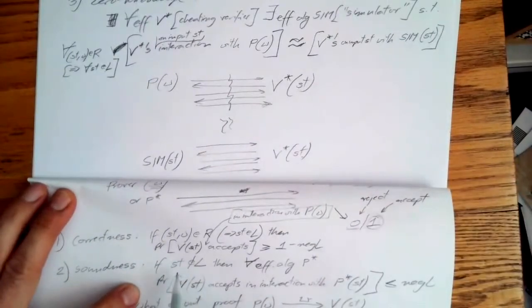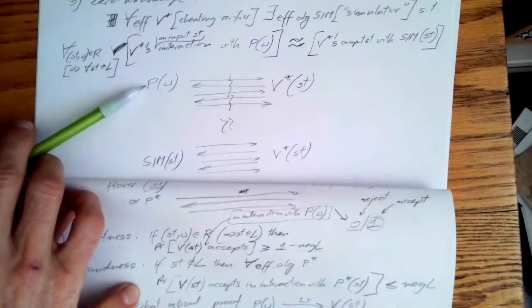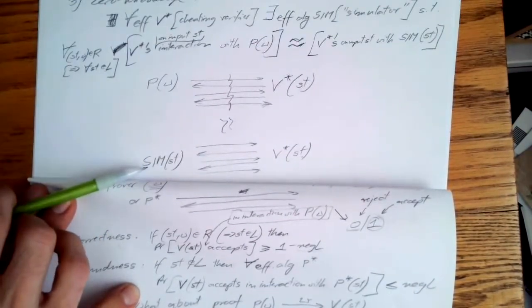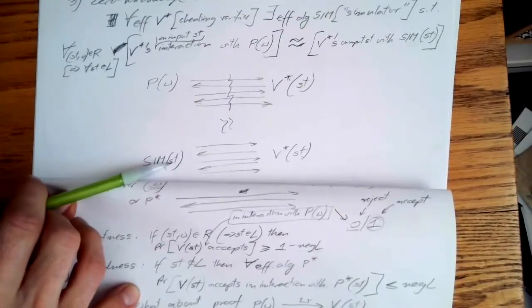Correctness said that if the statement is wrong, then the prover has no possibility of convincing the verifier. But zero knowledge said that whatever the prover does can be publicly emulated. So what stops this public emulation from executing on the wrong statement?